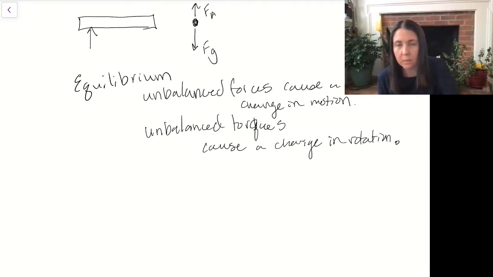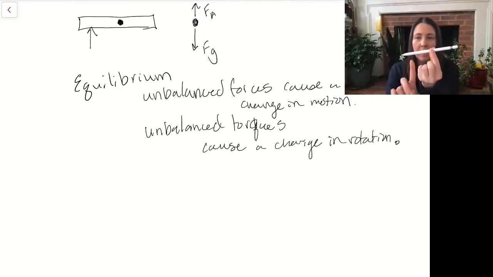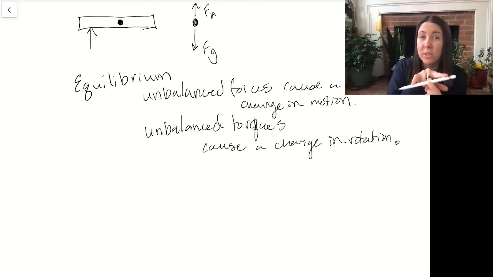Given this is my stick right here, if it were put on a knife edge or had a hole drilled through it so it could rotate, and I push up on this with some force, this thing is going to rotate because it is not balanced. It's not that the forces are balanced, it's that the torques are balanced.